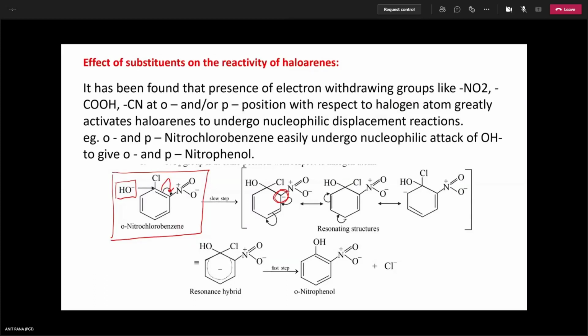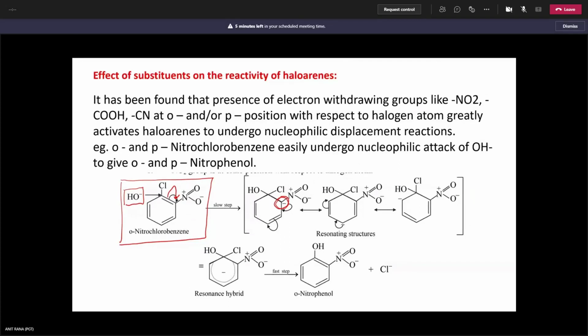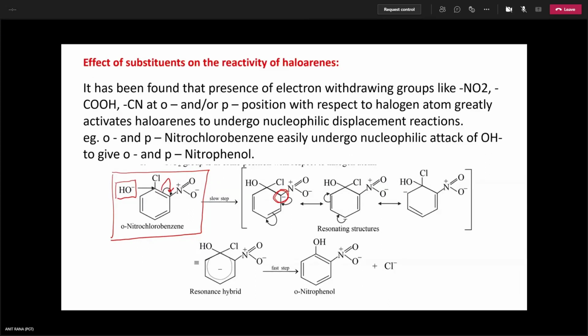Then further delocalization of the negative charge over the ring takes place, and hence it increases the stability. So the nitro group, which is an electron withdrawing group, helps in the nucleophilic substitution reaction. This same effect you will see in the para position also.